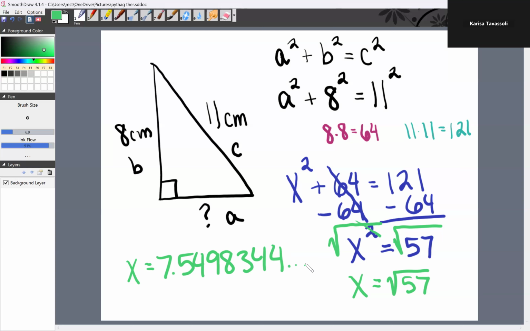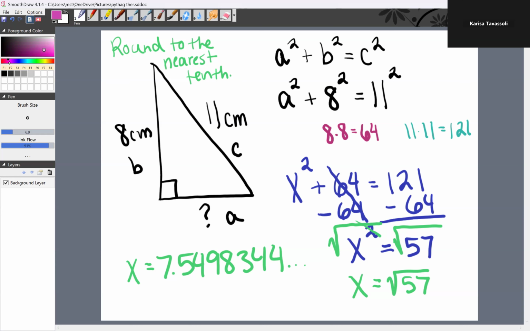Do you remember the directions that I said at the beginning of this video? I said to find the missing side and round it to the nearest tenth. Do you remember which place value the 10th place value is?